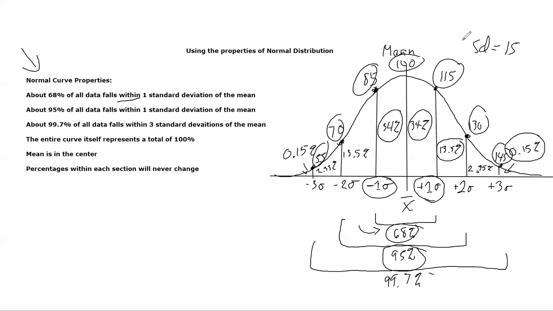And I ended up getting 99.7%. And then the extra 0.5 and 0.5, we don't count it because past 3 standard deviations, it's, again, really rare, right? And of course, the mean is in the center. The whole curve in its totality equals 100%.